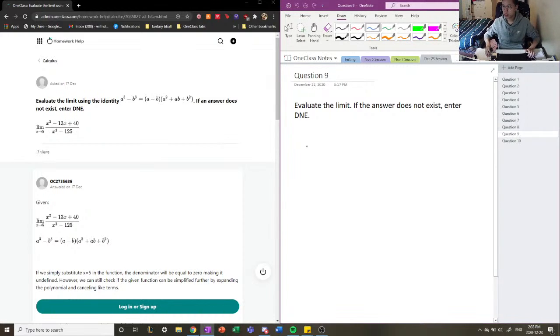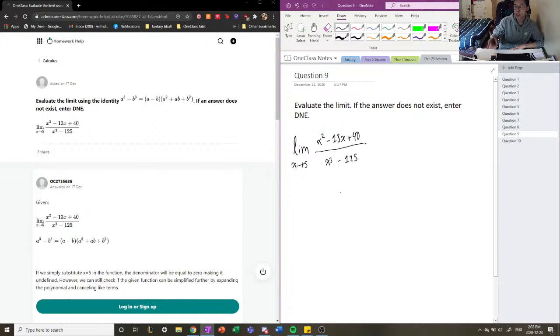So till this point, we really haven't talked about how we can evaluate limits, and this is a good question for showing some techniques of how to evaluate limits. Let's first write out our limit here, which is the limit as x approaches 5 of x squared minus 13x plus 40 divided by x cubed minus 125.